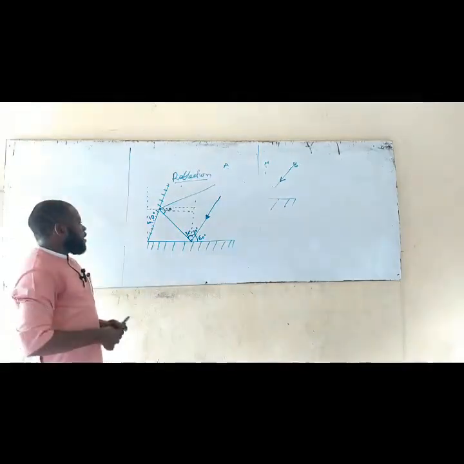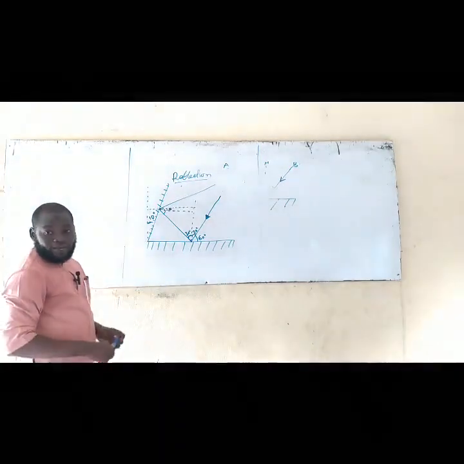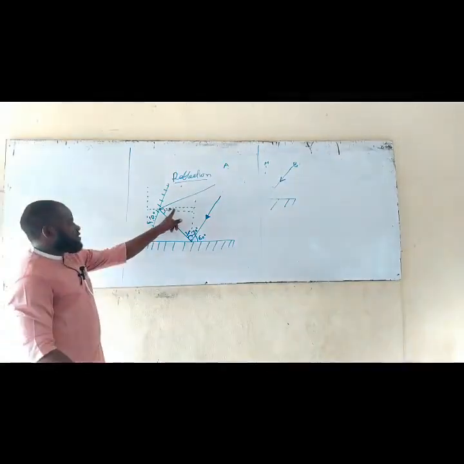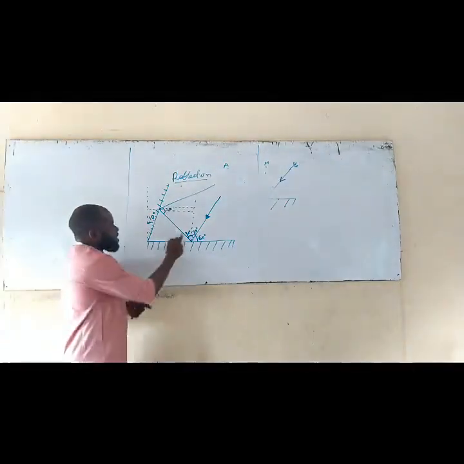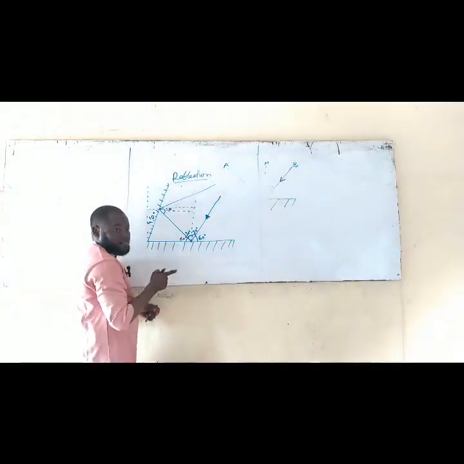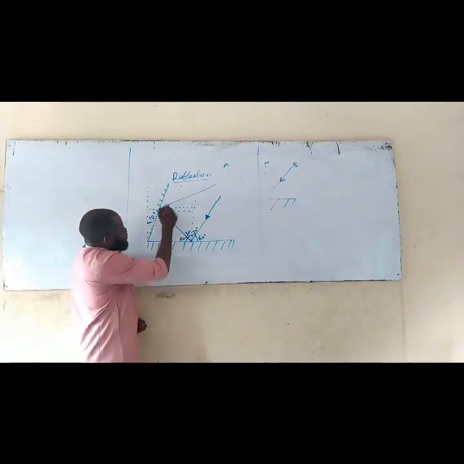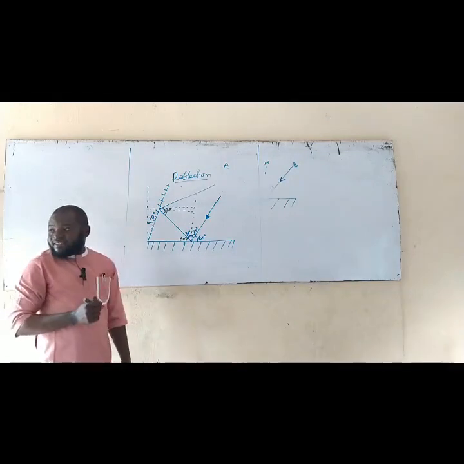So for us now to get our actual value, we need to know the value of this theta. You know, from here to this place is 60, like you said. And this 60 is supposed to be alternate to this, isn't it? So this 60 will be alternate to this complete angle here. Am I making sense now?